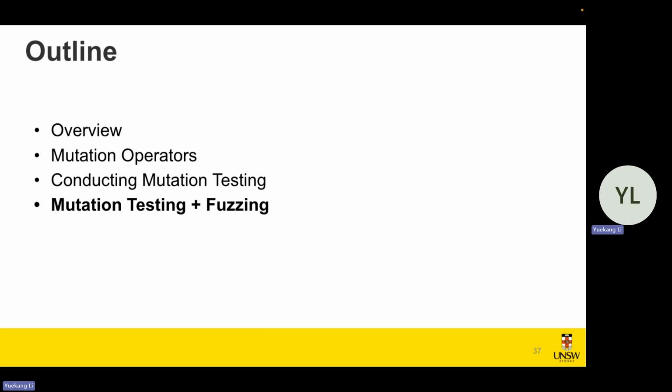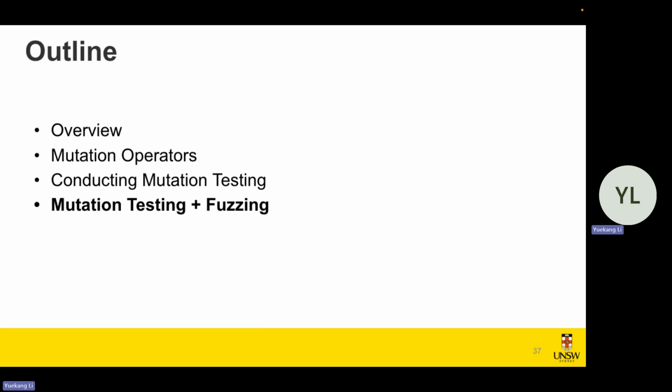The other assumption is that some very complex or real world errors could be made up of accumulation of small syntax errors. That is the second assumption for mutation testing to be practically applicable. So these are the two hypotheses.